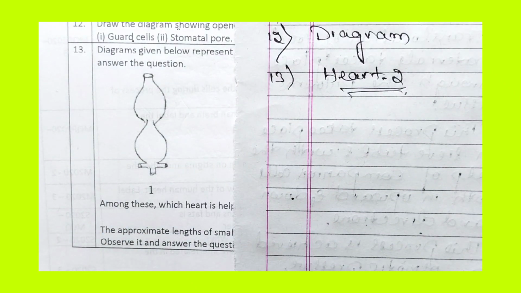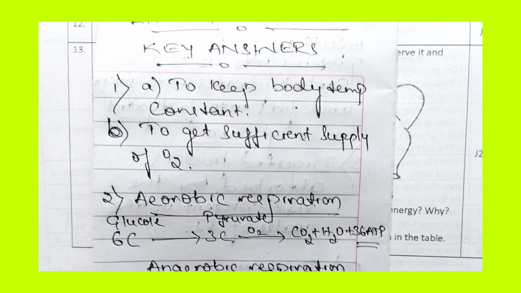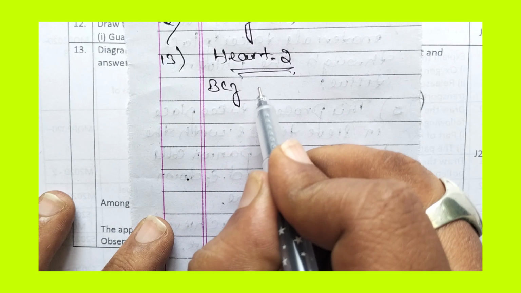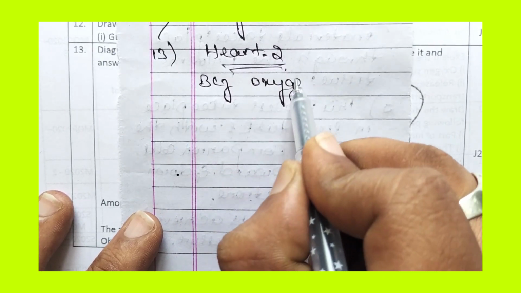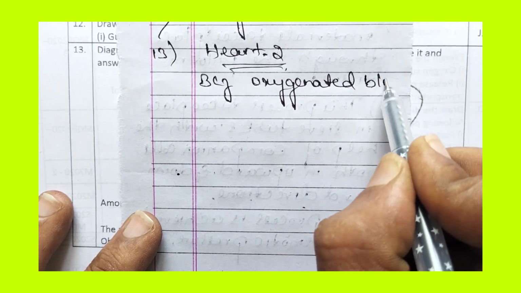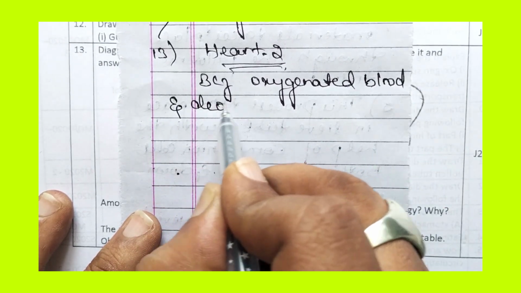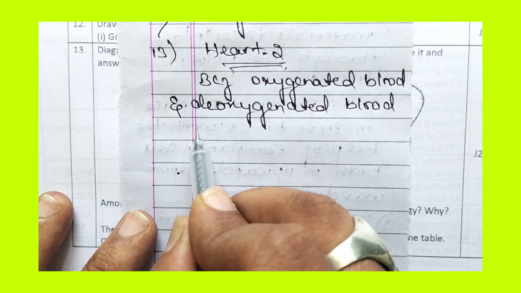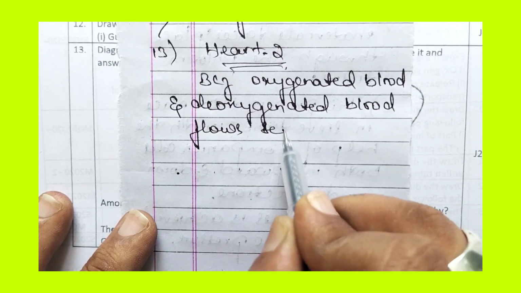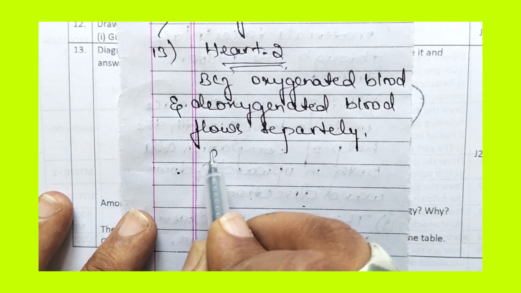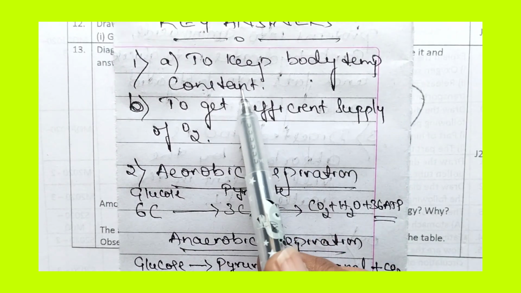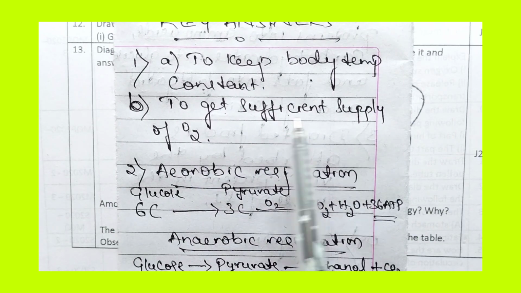They have asked why. So let us answer that why question. Because oxygenated blood and deoxygenated blood flow separately. So because the two flow separately, what is the use? It helps to keep the body temperature constant, and by this we can get sufficient supply of oxygen.